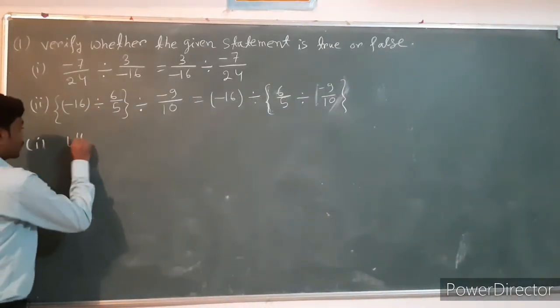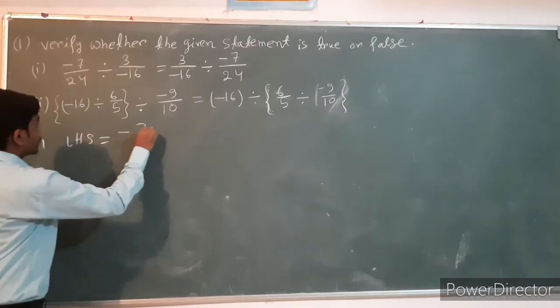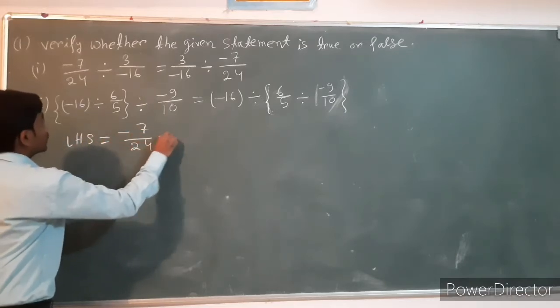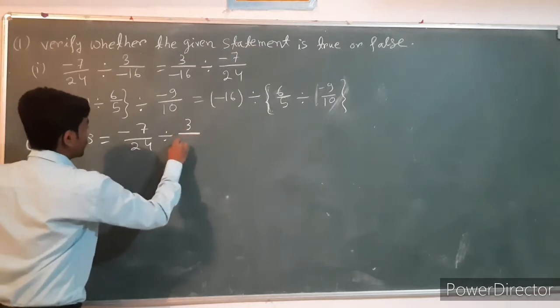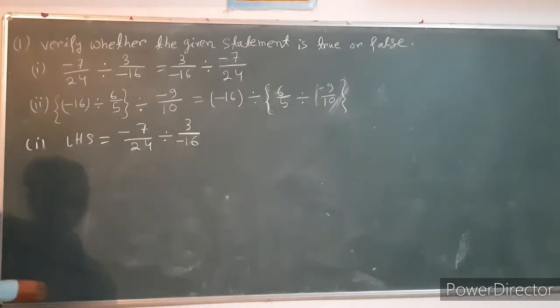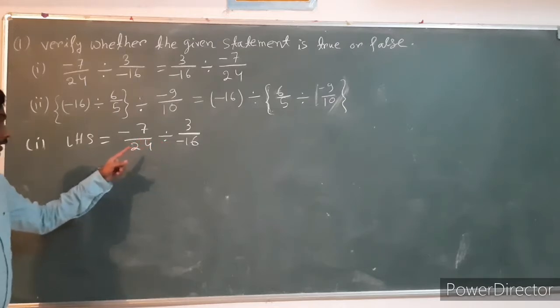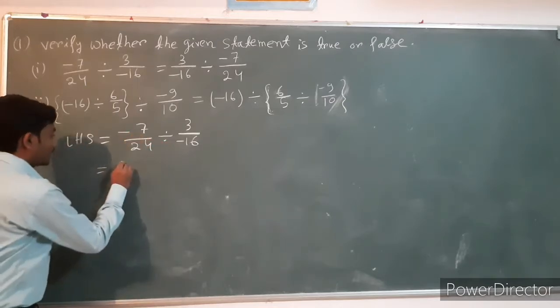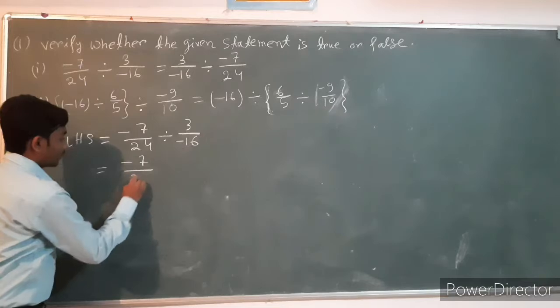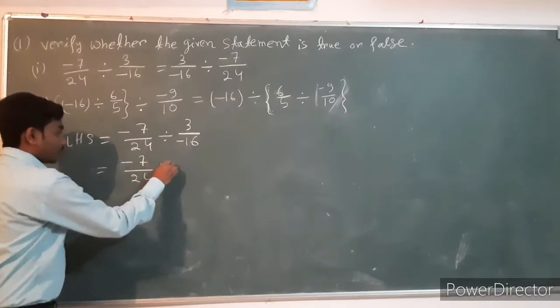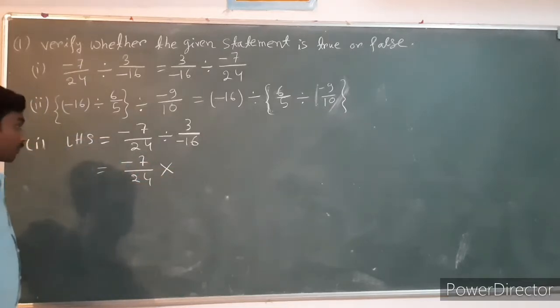Suppose LHS is equal to minus 7 upon 24 divided by 3 upon minus 16. In division, first we write the dividend, minus 7 upon 24. Next we put a multiplication symbol.